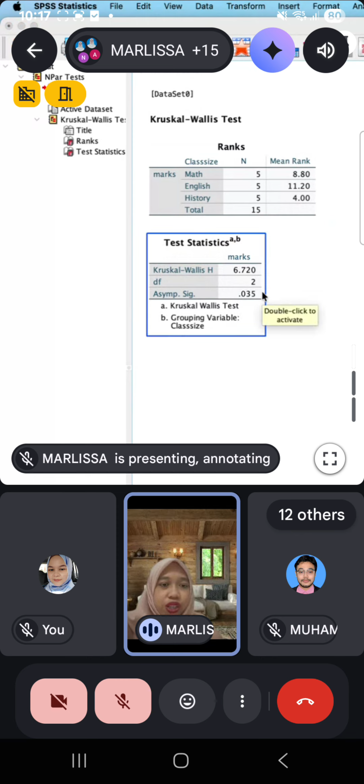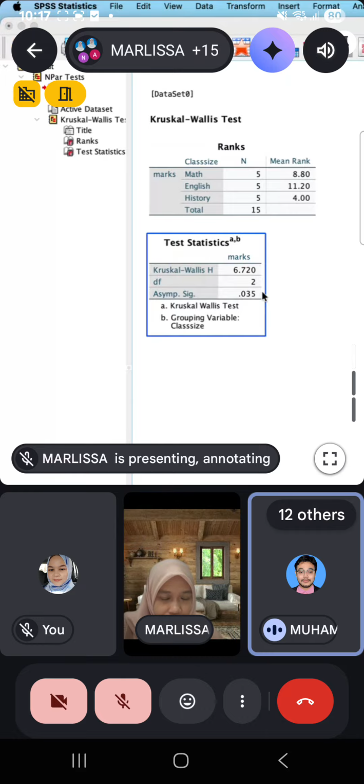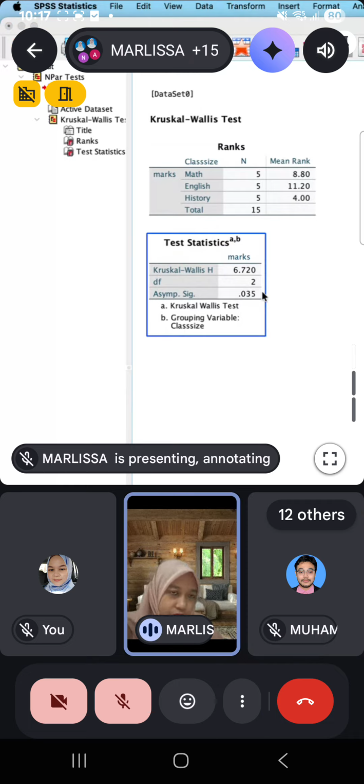So here you can see the p value is 0.035. Is it less or more than 0.05? Less, doctor. It's less than 0.05. Then, using whatever you've learned before, is the null hypothesis rejected, or do we fail to reject the null hypothesis?